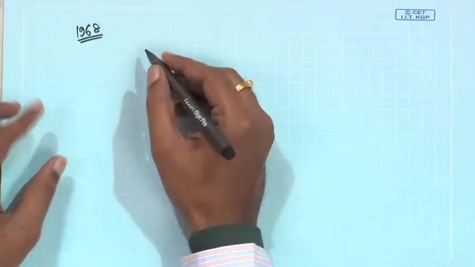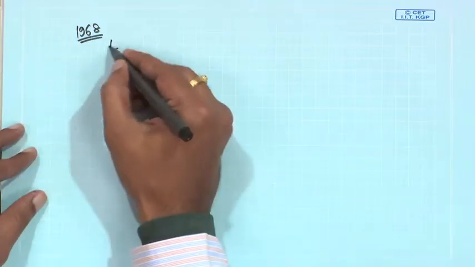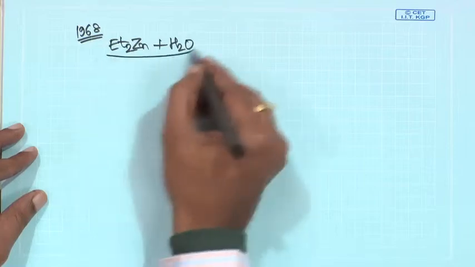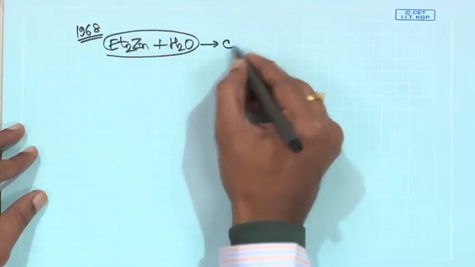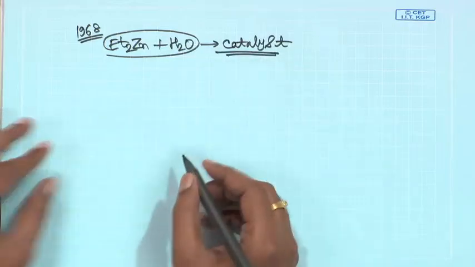So, this particular reaction, this epoxide route, was first attempted way back in 1968, and that reaction was done with an equimolar mixture of diethyl zinc and water. So, this equimolar mixture of diethyl zinc and water was used as a catalyst, okay.